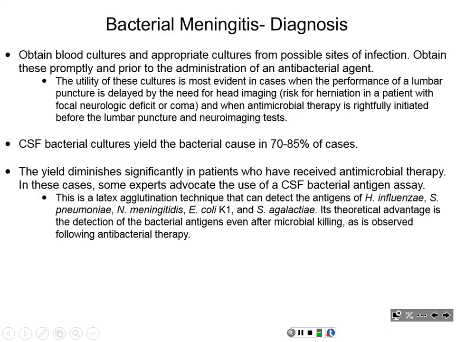CSF bacterial cultures are capable of yielding the specific bacterial cause about 70% of the time, but this diminishes if you started antibiotics before getting that. And we can use a technique called latex agglutination to look for bacterial antigens even after we've killed the pathogen.